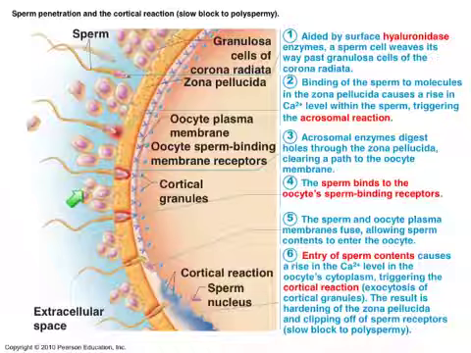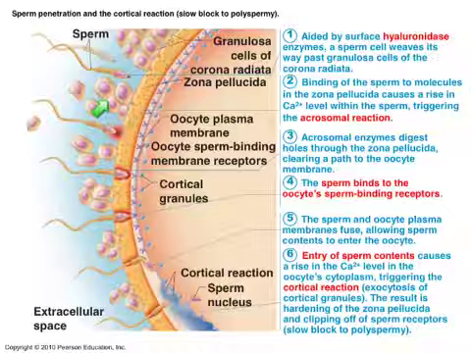And this is helped by an enzyme that's present on the surface of the sperm called hyaluronidase. Hyaluronidase breaks down hyaluronin, which is part of the matrix of the corona radiata. So it kind of burrows in between the cells, separating them.